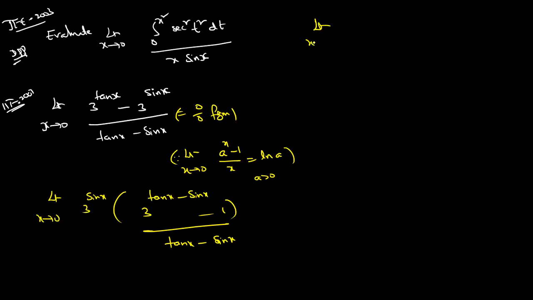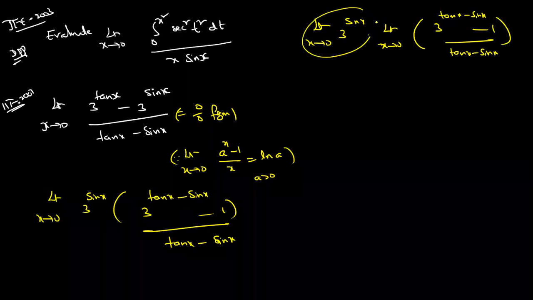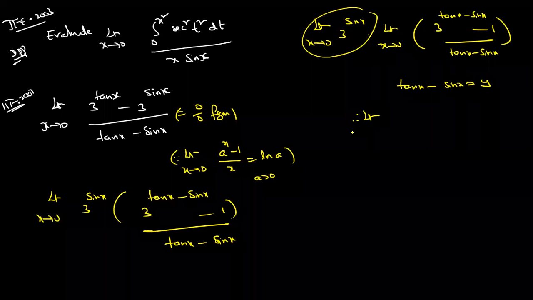So limit x tends to 0, 3 power sin x into limit. Directly you can write, but for you I'm writing one more step. This is how much, dear students? That is 3 power 0, which is 1. Let tan x minus sin x be equal to y. Therefore, as x tends to 0, what about this value?